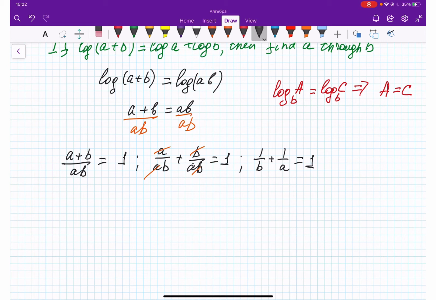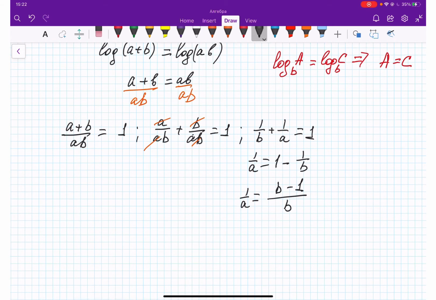So from here, 1 over a is equal to 1 minus 1 over b. Okay, 1 over a, I am bringing to common denominator b, which is going to be equal to b minus 1 over b.